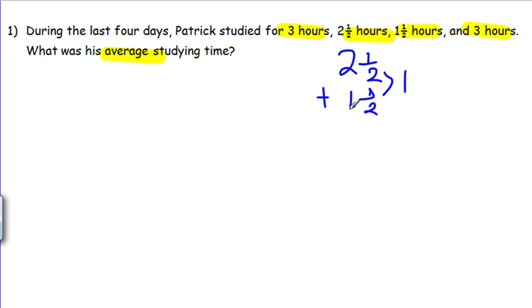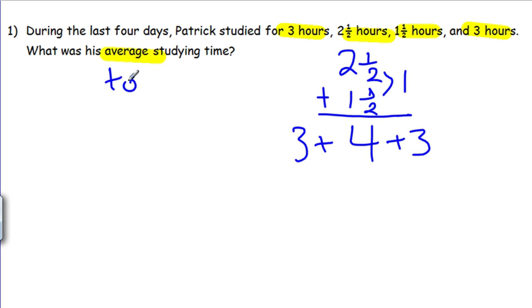So 2 hours plus 1 hour plus this extra hour gives us a total of 4 hours. Now we add that to what we have here, so it's 3 hours plus 4 hours plus 3 more hours, and that gives us a total of 10 hours. So he spent a total of 10 hours studying.